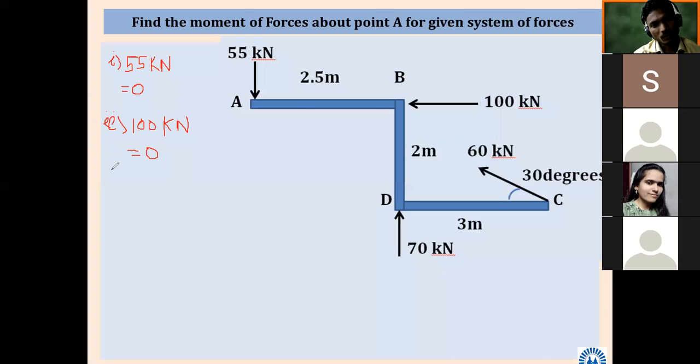The line of action of the force is such that the perpendicular distance is 0, meaning it passes through point A. If you look, it will pass through point A. That's why again it will become 0.